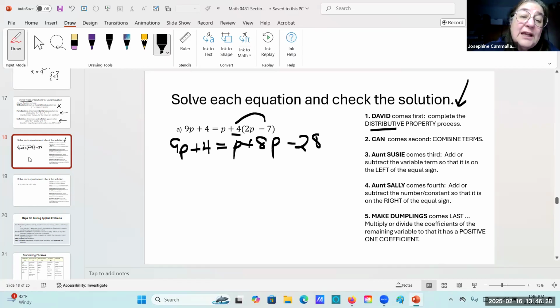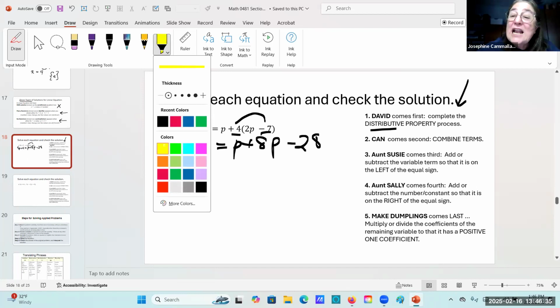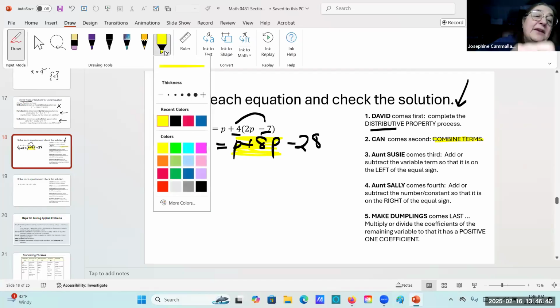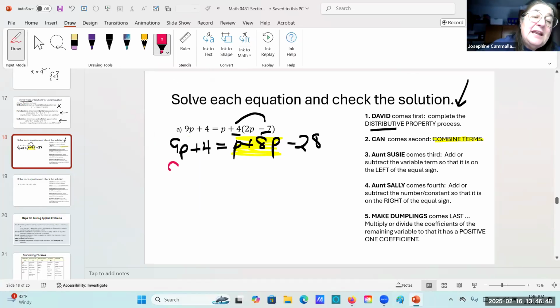This 4 is multiplied by -7. Okay. Combine terms. Now, we're only going to combine terms right here because I have 2 p's on one side. Well, this will give me 9p plus 4 is equal to 9p minus 28.